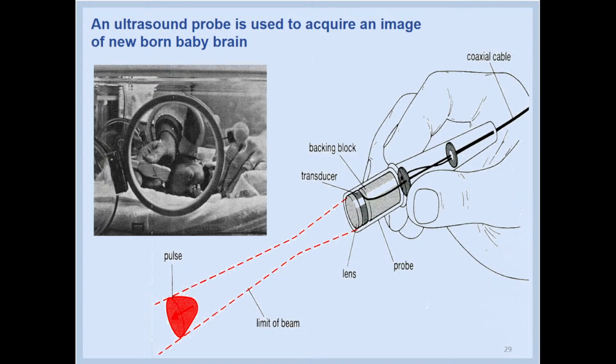However, its advantage of only requiring a small entry window or footprint makes it still suitable for particular applications, like imaging the infant brain through a space between the bones of the skull.